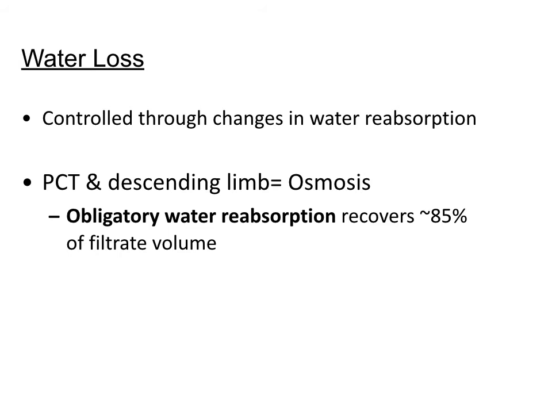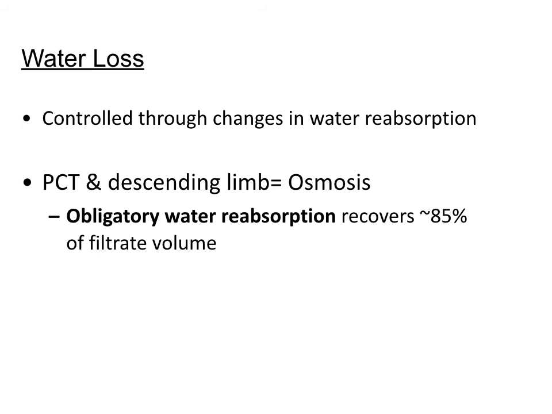Your proximal convoluted tubule and your descending limb reabsorb water through osmosis. And again, this use of osmosis to reabsorb water is referred to as obligatory water reabsorption. It's water movement that cannot be prevented. It's water going from an area of high water, low solute, towards an area of high solute, low water.